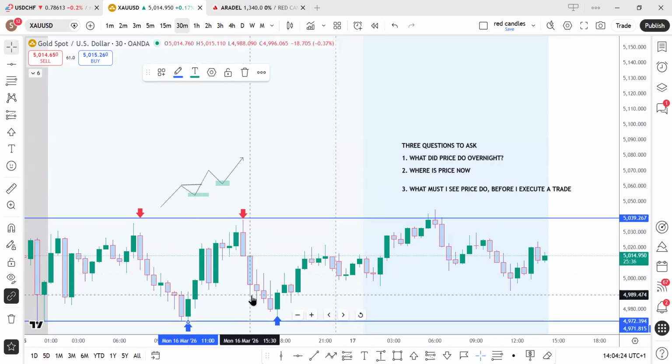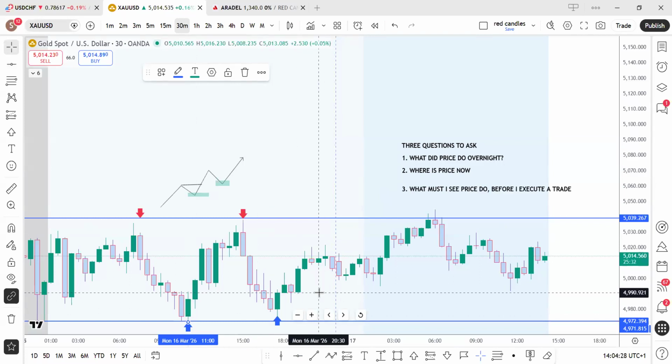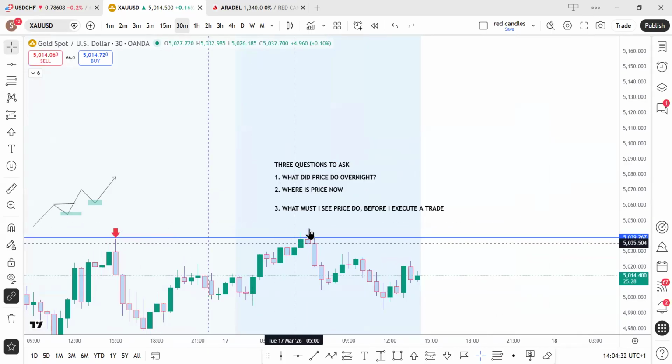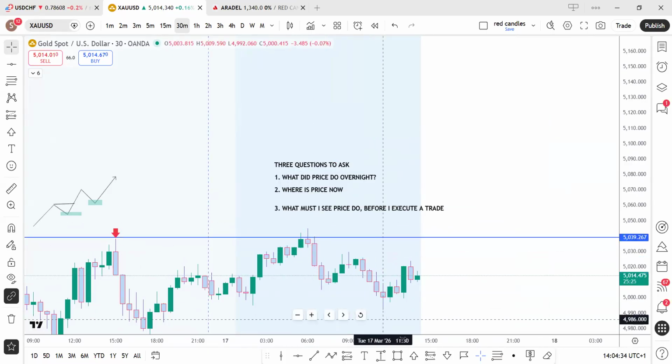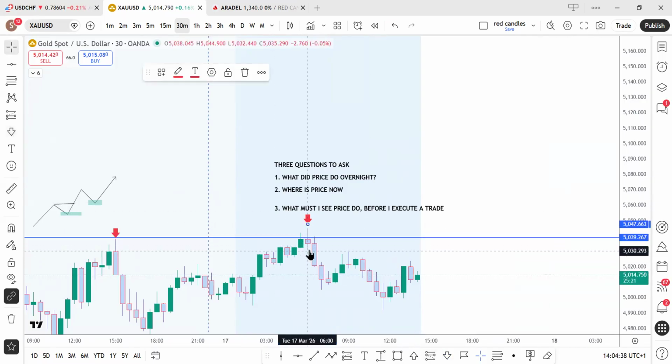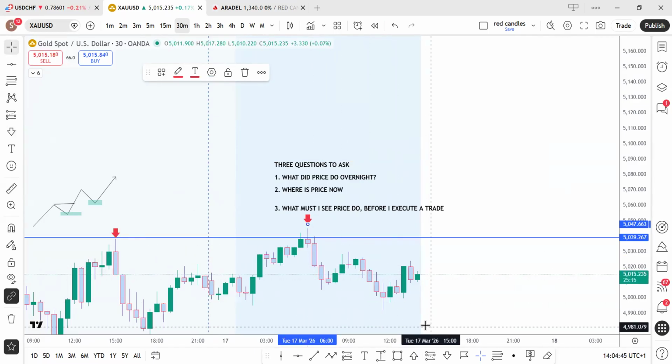So the rejection candle setups were really, really working very well yesterday and even today too. So look at that. There was a doji right there, and then followed by a bearish engulfing candle, and price has moved down, right?